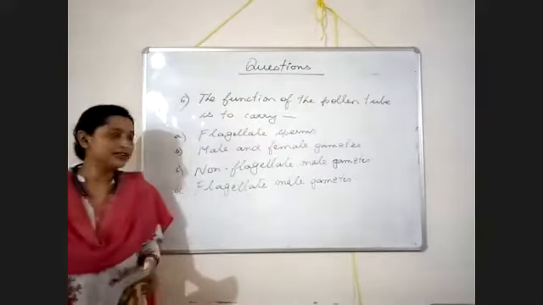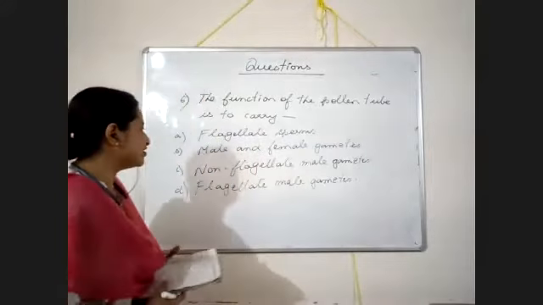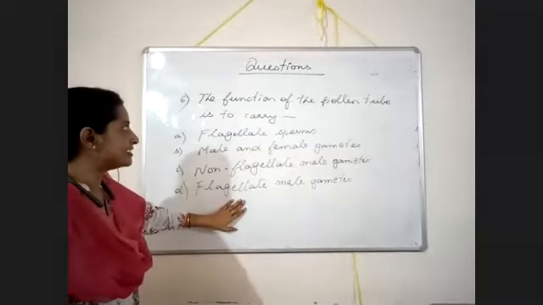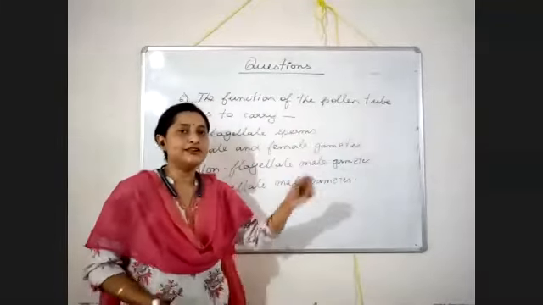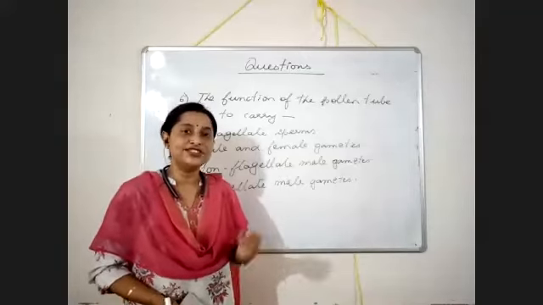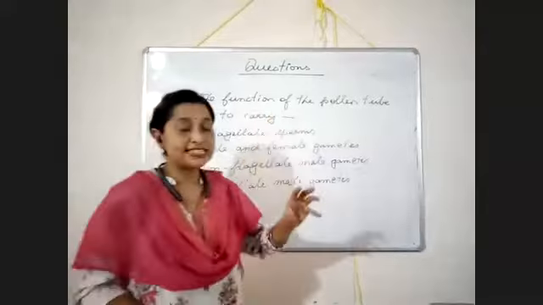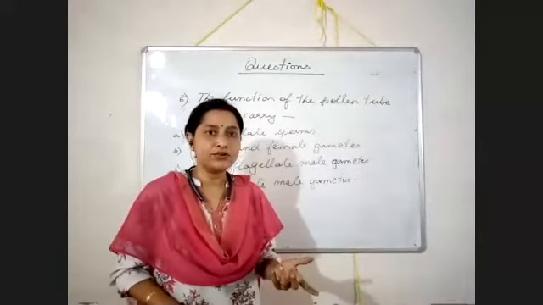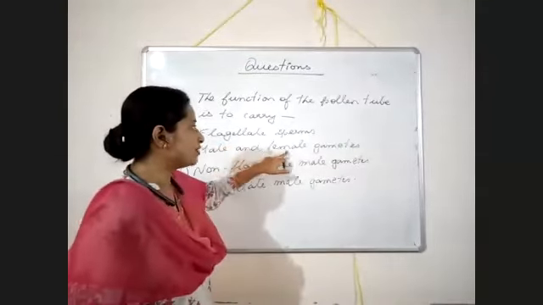Can you see the board properly? Yes, ma'am. Okay. Just look at the question and try to give the answer. The question is about the pollen tube. It carries the male gametes and a degenerative nucleus. So what is the main function of the pollen tube? Obviously to carry the male gametes. The first option is wrong. The second option is also wrong because it obviously does not carry female gametes.